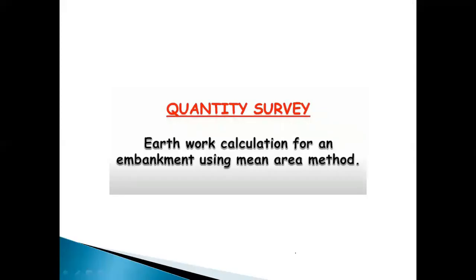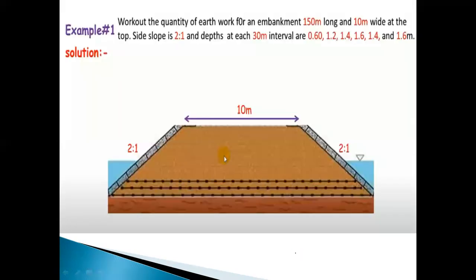Next, we go to quantity survey: earthwork calculation for an embankment using the mean area method. So this is the second method. Write the problem: work out the quantity of earthwork for an embankment 150 meters long and 10 meters wide at the top. Side slopes are 2:1 and depths at each 30 meter interval are 0.60, 1.2, 1.4, 1.6, 1.4 and 1.6 meters.